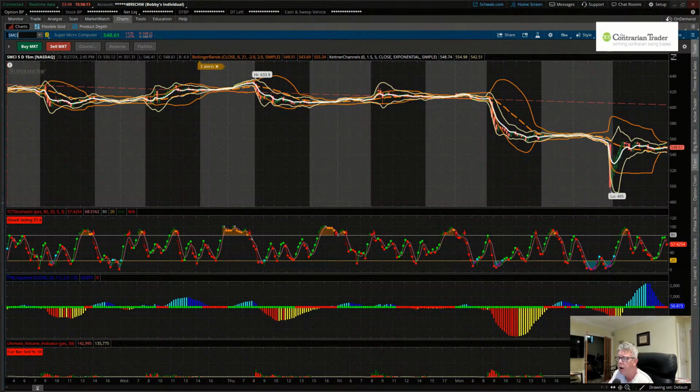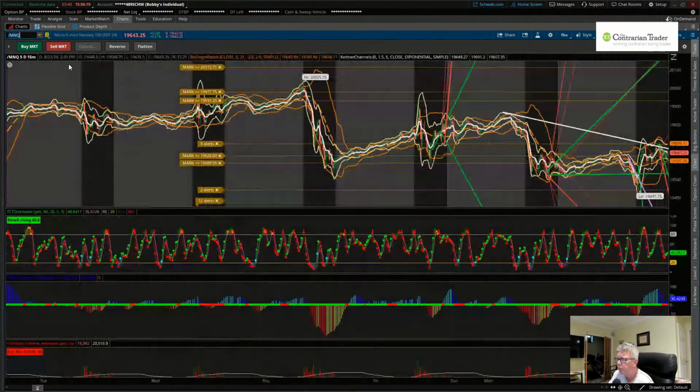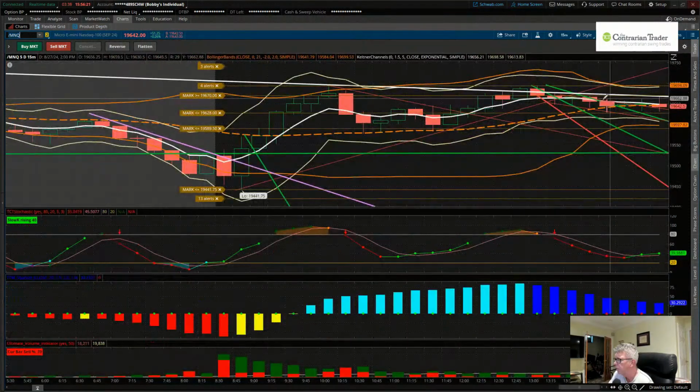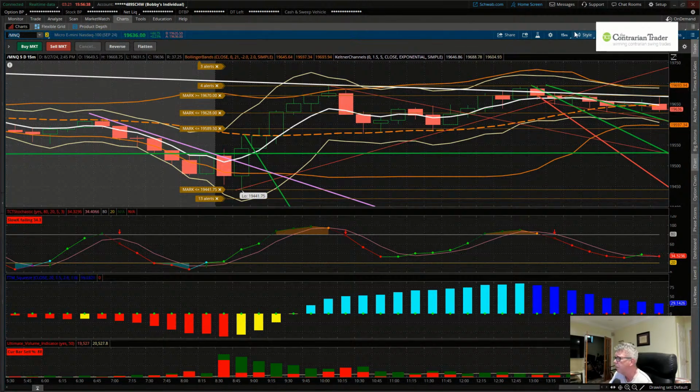So something's going on in the AI space right now. Lots of selling going on here into the close.